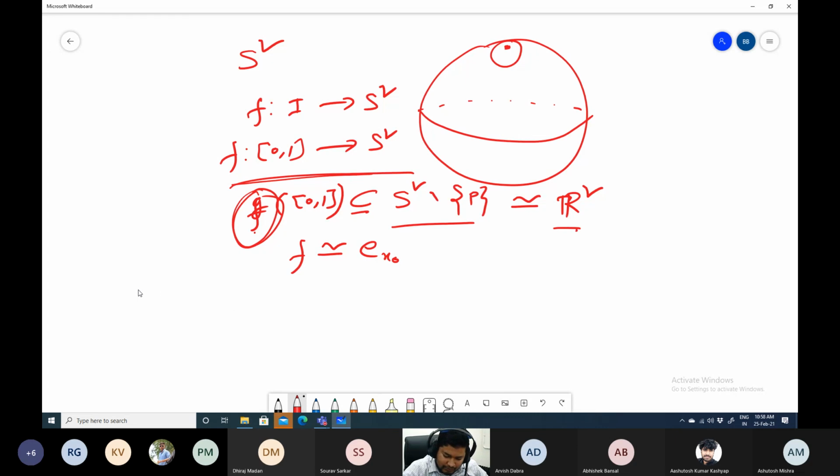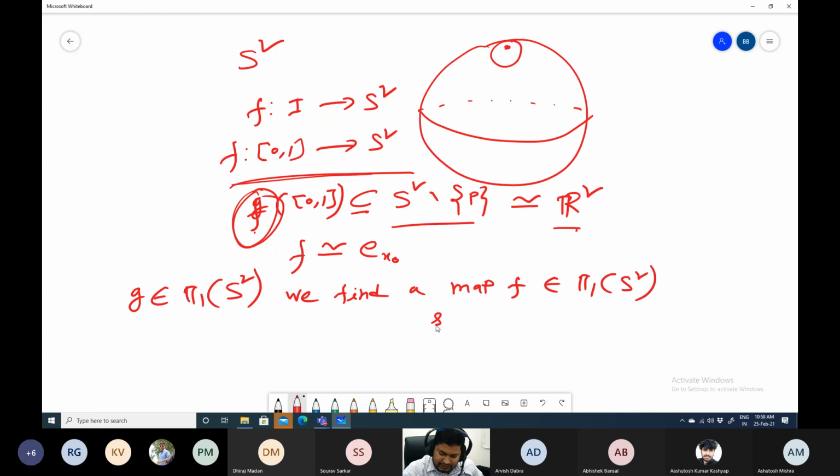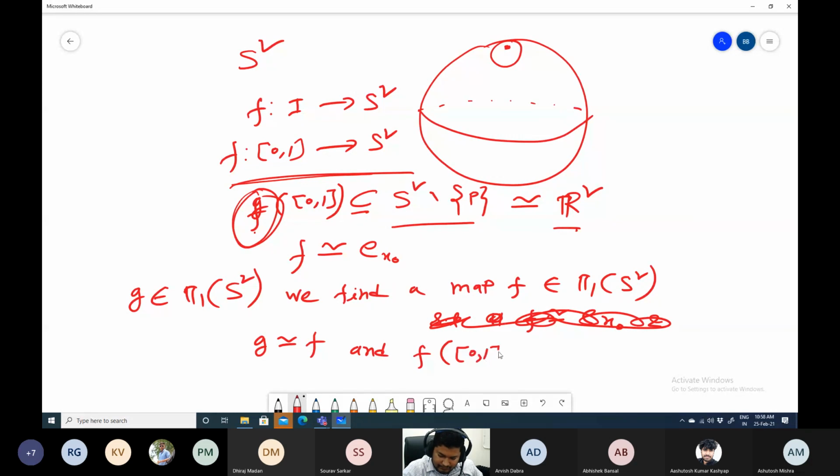So now we will prove that if g is any path in pi1 of S2, then we find a map f such that g is homotopic to f, and f([0,1]) is a subset of S2 minus the point p, which is homeomorphic to R2.